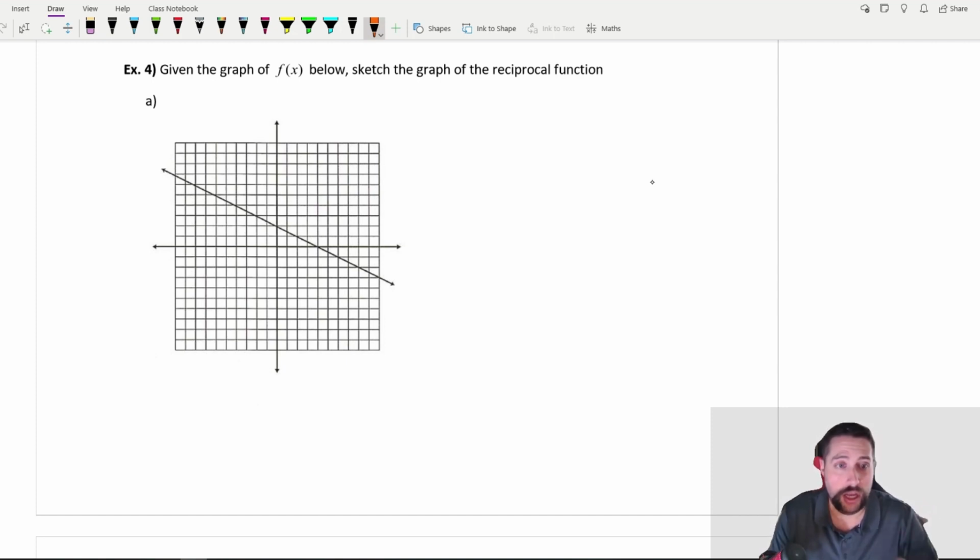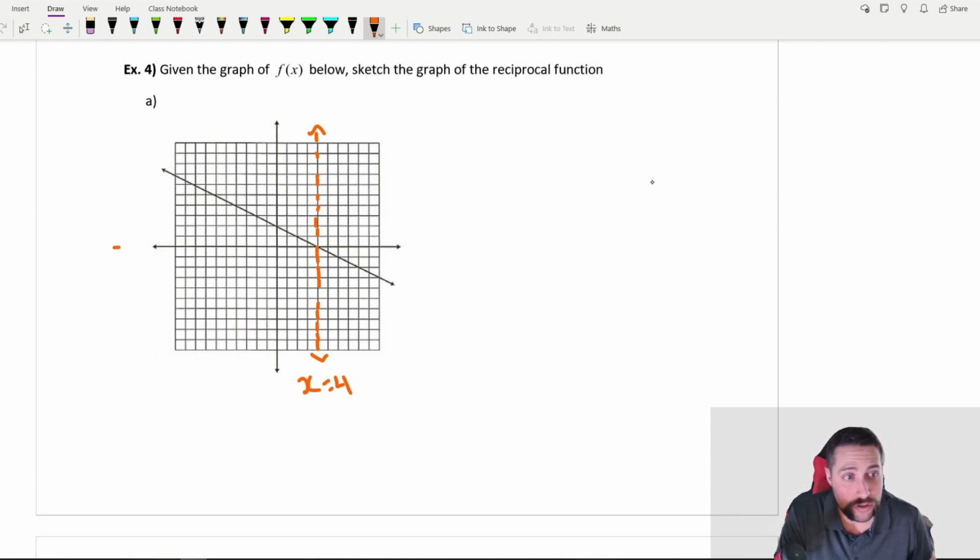In this case, it's 1, 2, 3, 4. So at x equals 4, that's going to be our vertical asymptote. Again, it's wherever it crosses the x-axis, because that's when y is 0, but 1 over 0 does not exist. That's why it's at x equals 4.